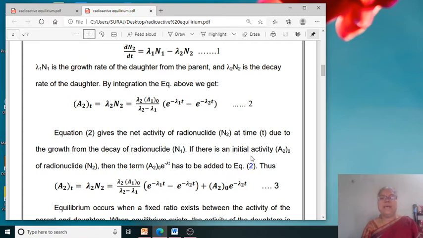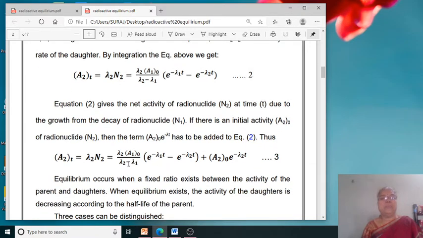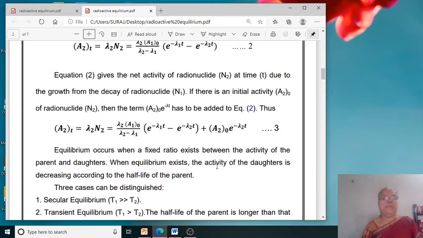If there is an initial activity A2 of radionuclide N2, then the term A2 times e raised to minus lambda 2 t has to be added to equation number 2, and we will have this equation.